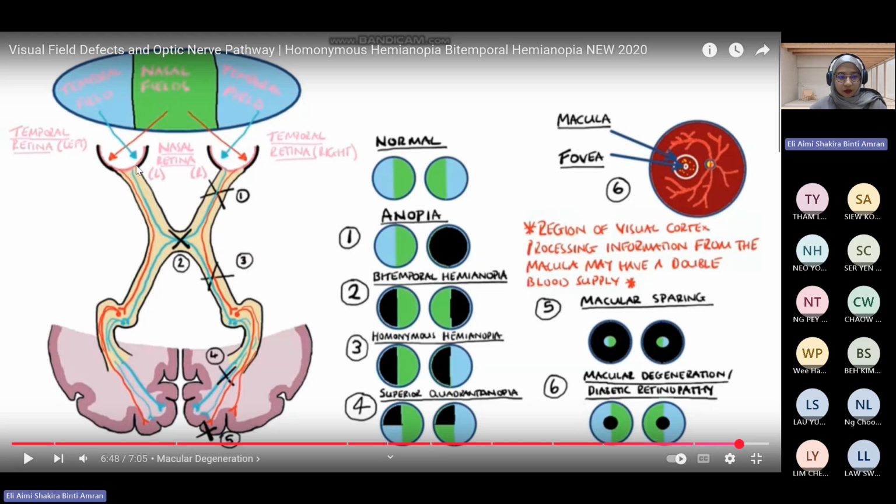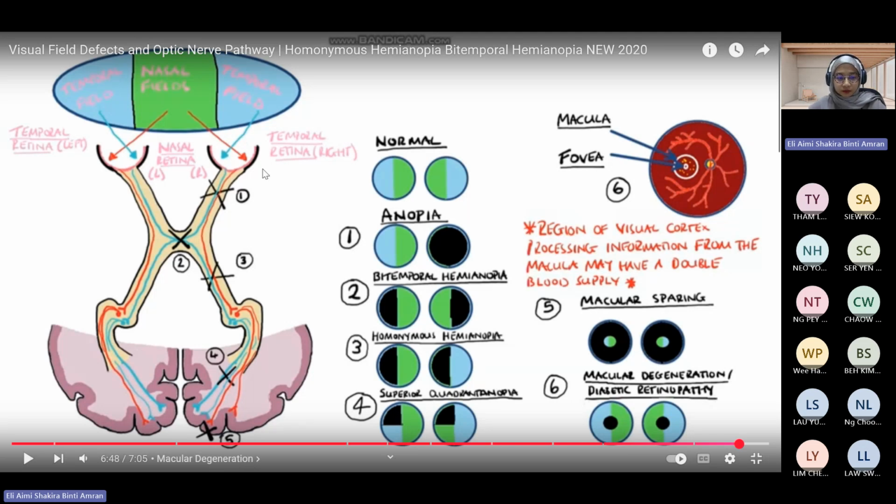But we also need to learn and be aware that there are visual impairments that can affect from the optic nerve up to the striate cortex, which can lead to visual inattention, anopia, whether it's homonymous anopia, quadrantanopia, or macular sparing.